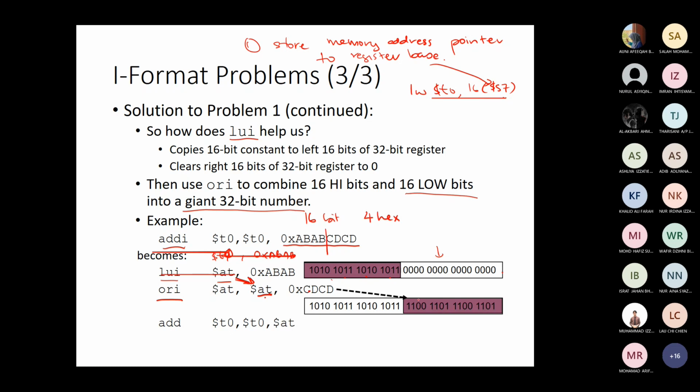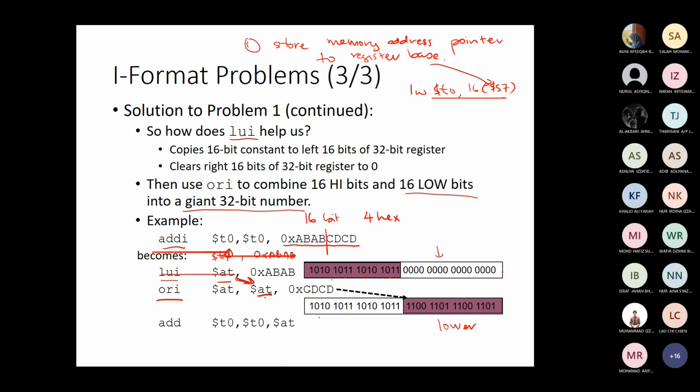You will store the hexadecimal number that you want on the lower half. But what about the upper half? They don't change it, they don't even disturb it, so they won't affect anything.